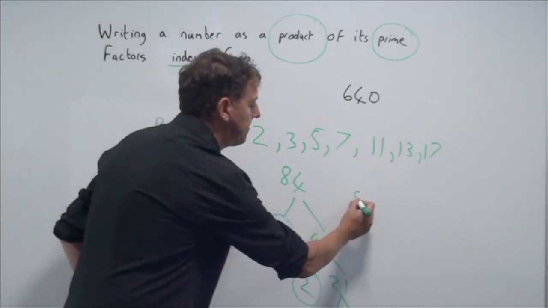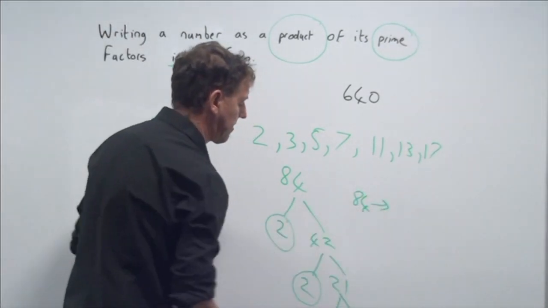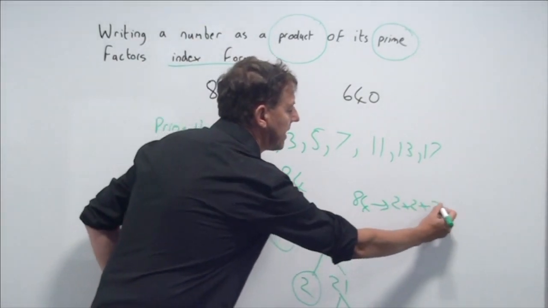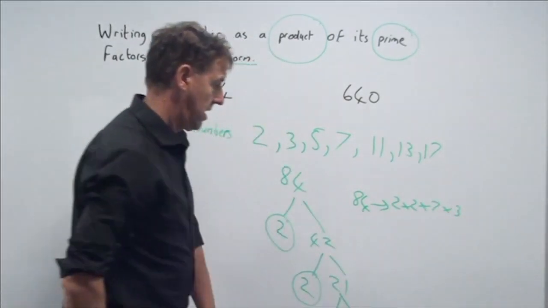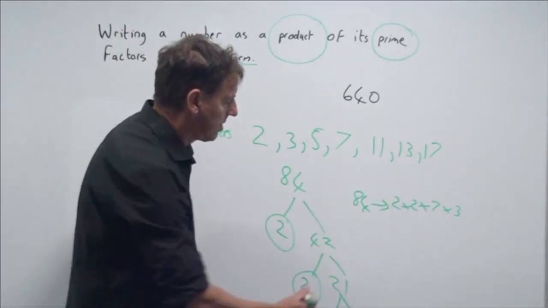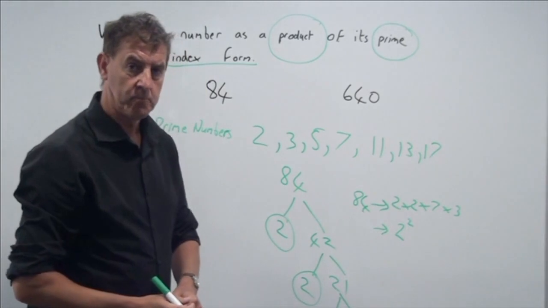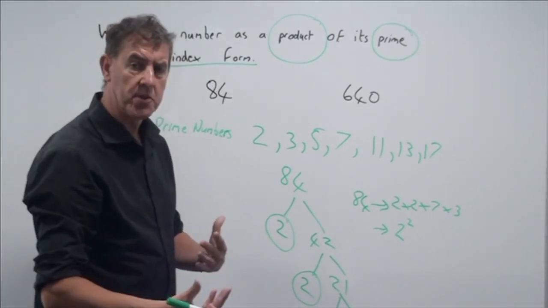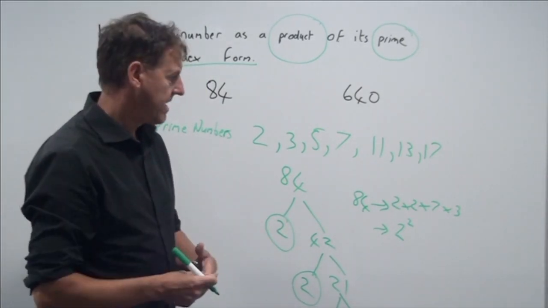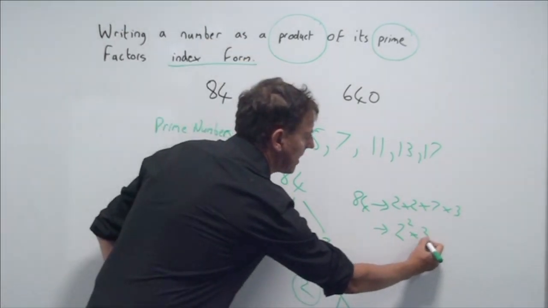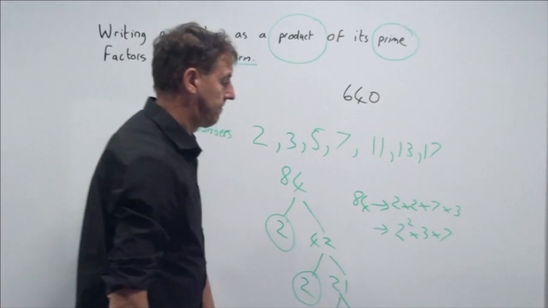I write 84 as 2 times 2 times 7 times 3, and 2 times 2 can be written as 2 squared. It doesn't matter what order you put the numbers in. I tend to put them in order of getting larger. So that's 2 squared times 3 times 7.